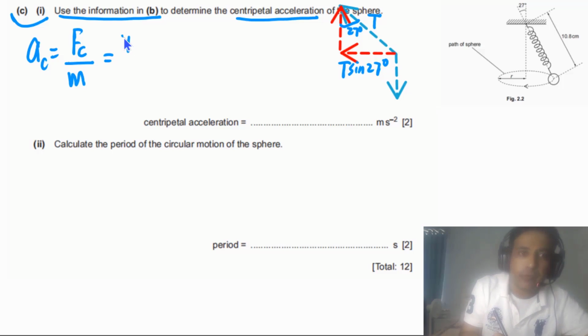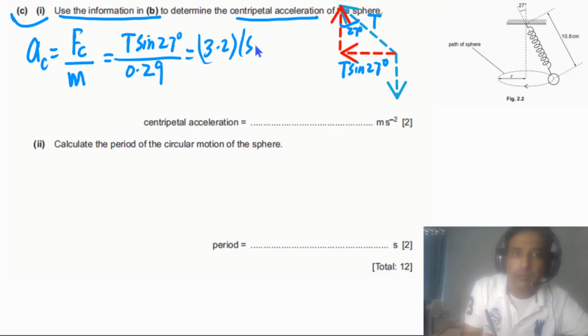So simply we can replace the centripetal force in this case with T sine of 27 degrees, divided by the mass of the sphere, which is 0.29, and T is 3.2 newtons. So here we have 3.2 times sine of 27 degrees divided by 0.29.